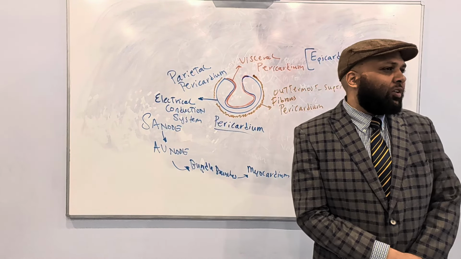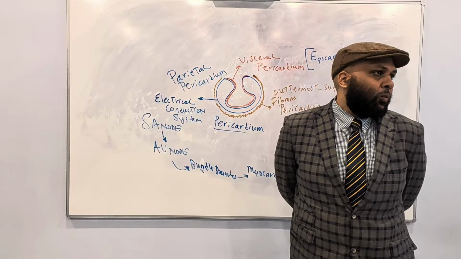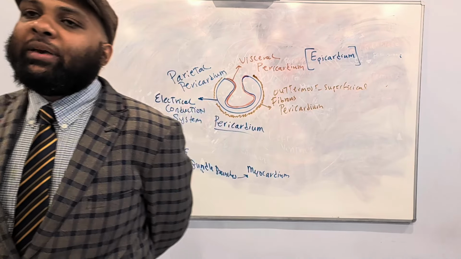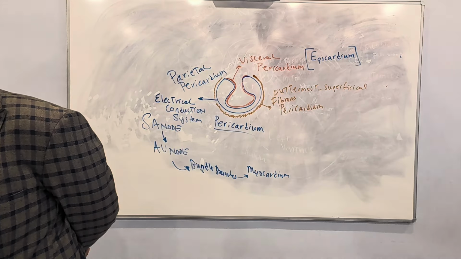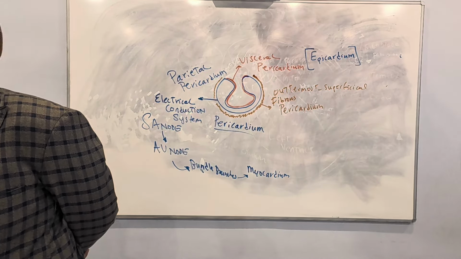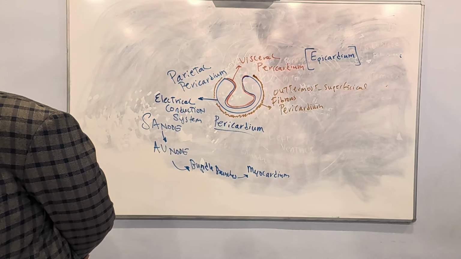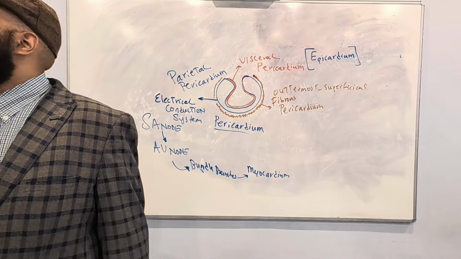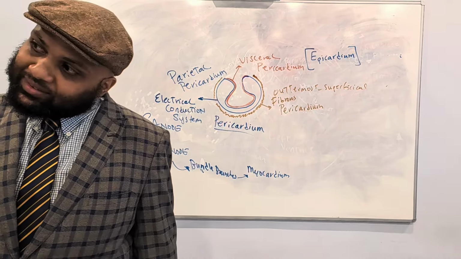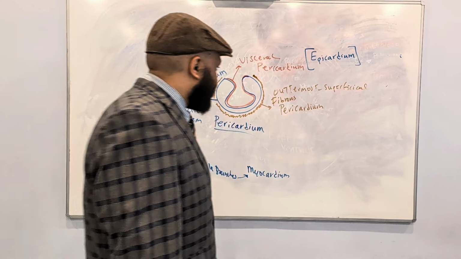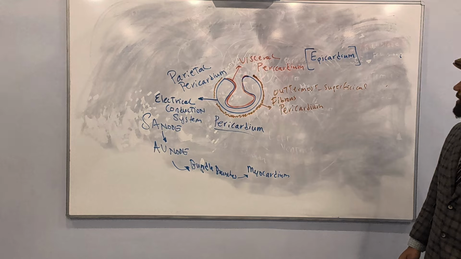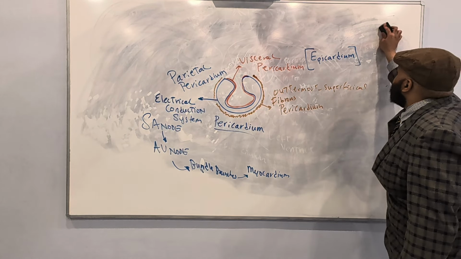Dynamic is the opposite of static. Dynamic means movement. Static means stationary. So hemodynamics means the movement of the blood. Excellent. So now we will look into that. I believe that's all. Let's go into the PowerPoint.